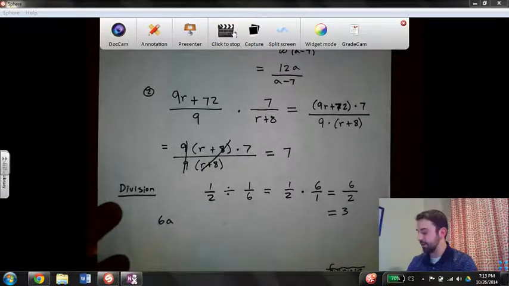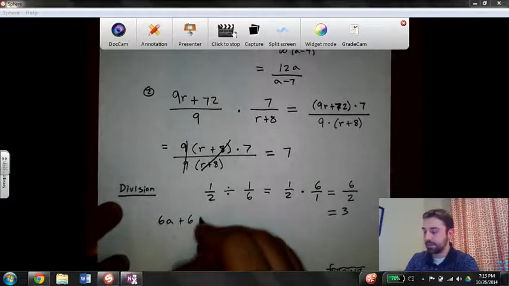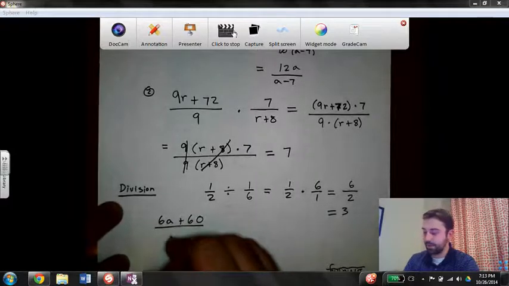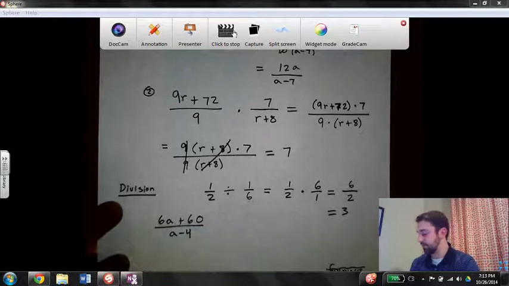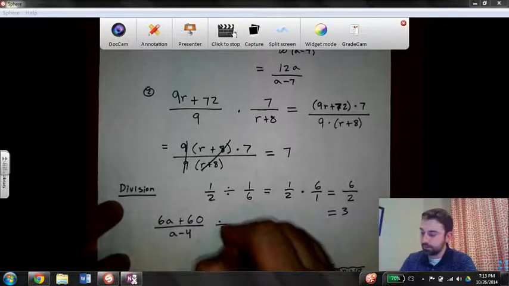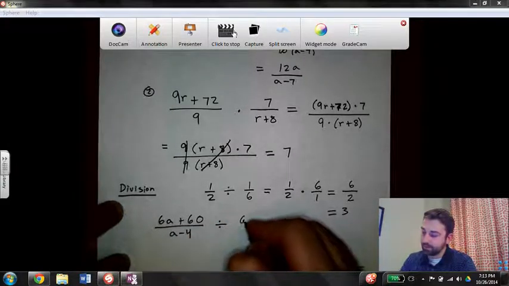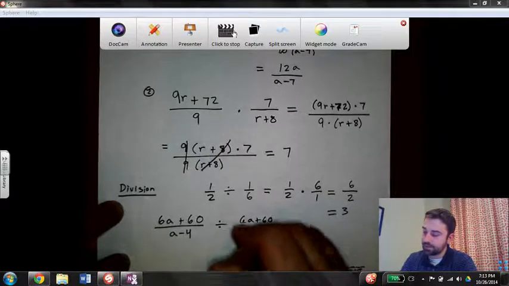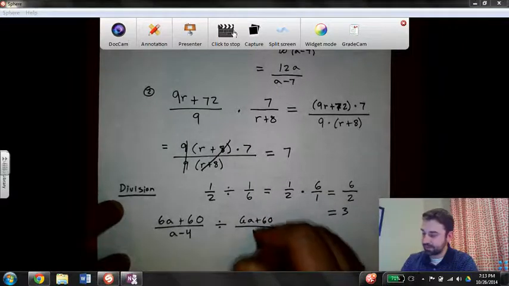So a more complicated example of this would be 6a plus 60 divided by a minus 4, divided by 6a plus 60 divided by 6.